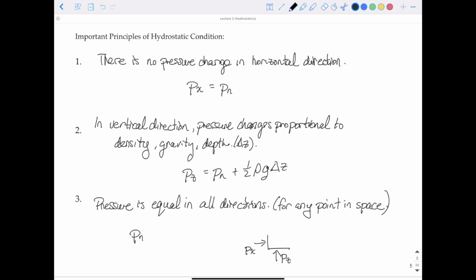So for the arbitrary case where theta was equal to 0, let's just draw this as a differential area. It's a really small point, one point in space. Pn was equal to Px is equal to Pz. Because it's equal in all directions, we don't really care whether it's Z, X, N, Y. They're all equal to the same value, and we'll just call that pressure.